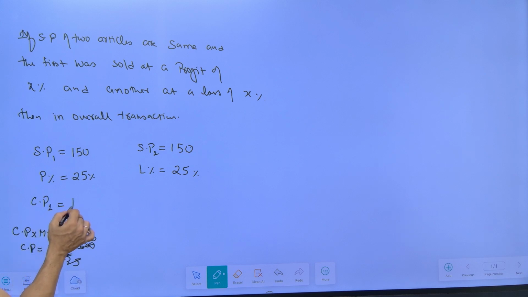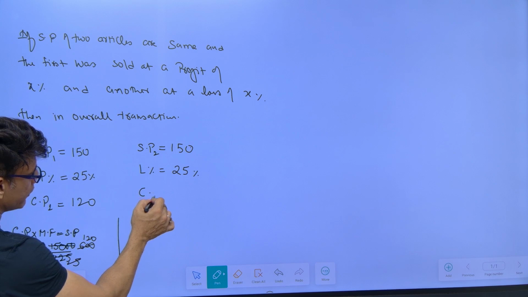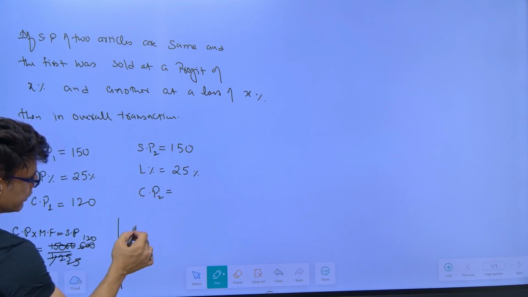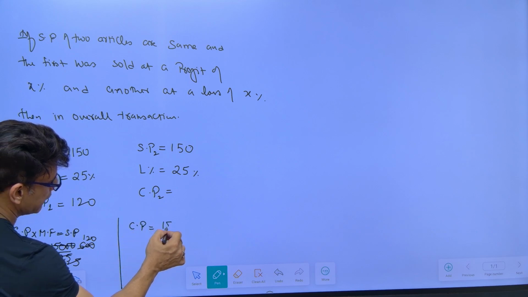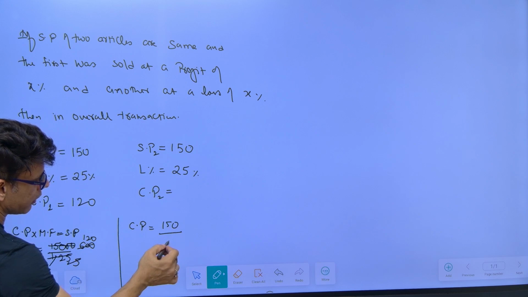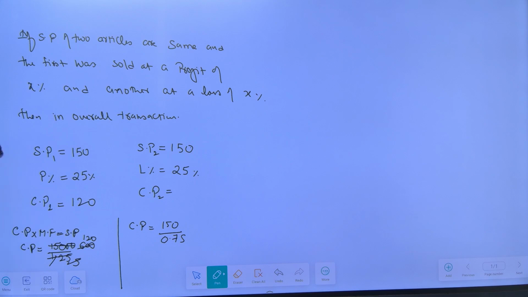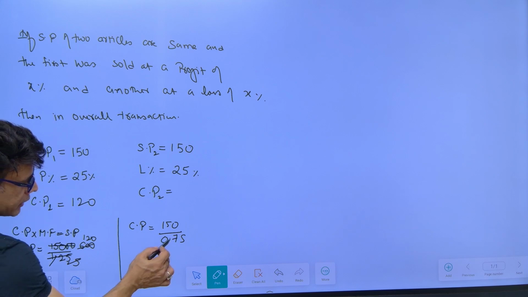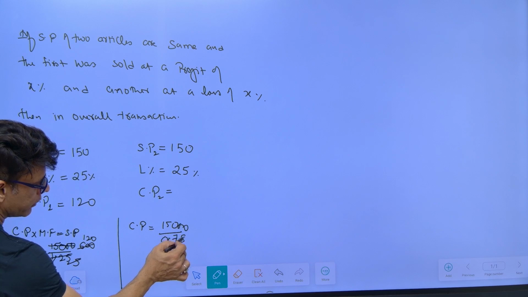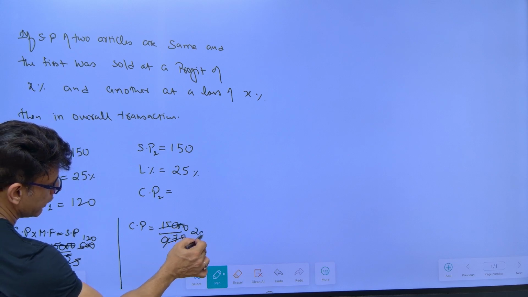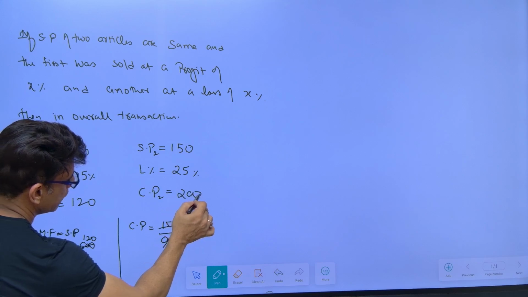What is the cost price in first case? 120. In second case, cost price again will be equal to selling price upon multiplying factor, but there is a loss. So this is 0.75 for 25% decrease. Remove decimal, put 75, twos are 150, and hundreds, it is 200.